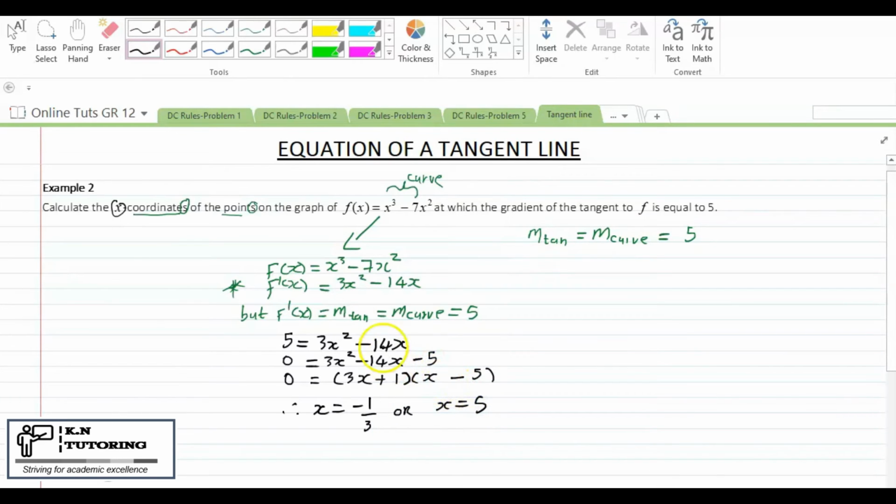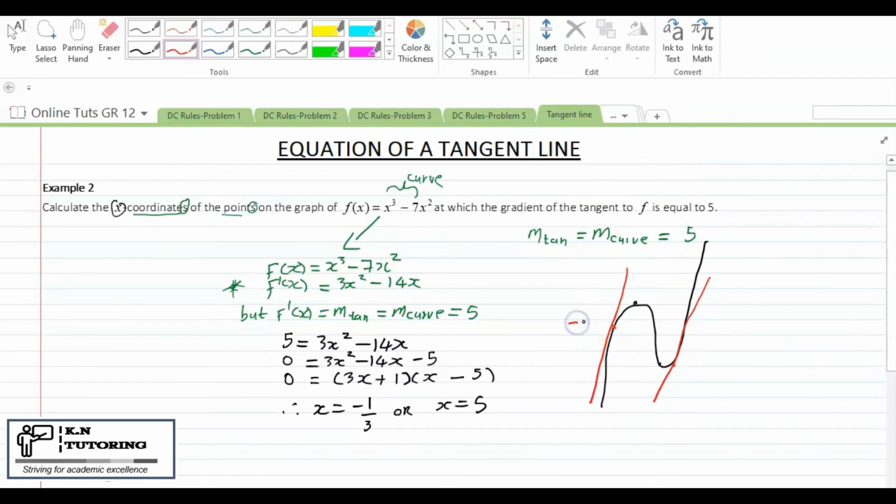Now we have solved the question. But looking at this, what do these 2 x values mean? It means that this curve will look like a cubic graph with 2 turning points. Or if I had to draw this, I will have a situation whereby I have a tangent touching there and a tangent touching somewhere there.